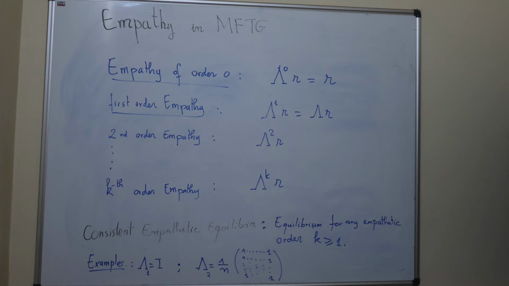We say that an empathy structure lambda, meaning a matrix lambda to which we associate a graph, actually the graph of connections between all the agents, all the empathetic connections, so to lambda you associate a graph or network of connections between the agents, is empathetically consistent if the equilibrium structure, the empathetic equilibrium, remains the same for any empathetic order K.